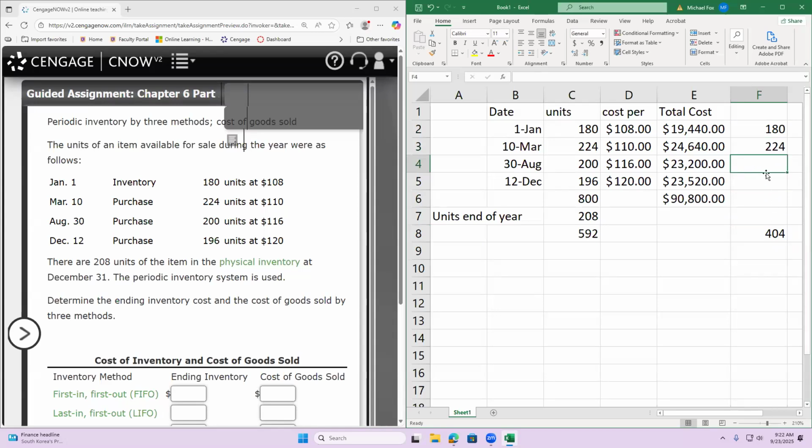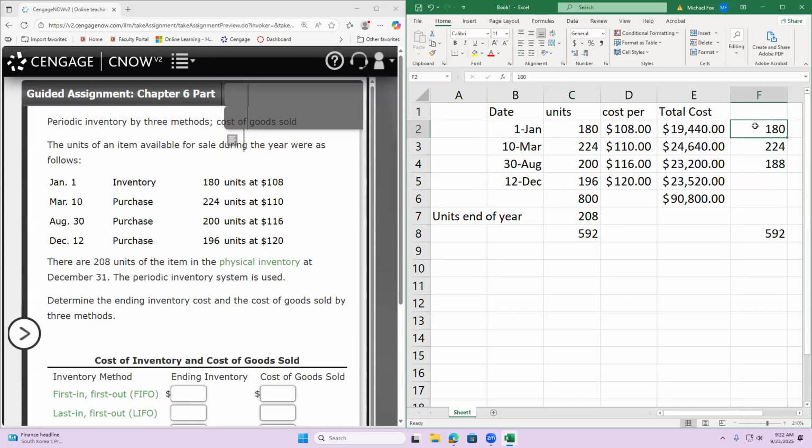And if I were to sell all 200 of these, that'd be too many, right? So I actually only sold, what would that be? 188. So if I sold 592 of them, which ones did I sell?